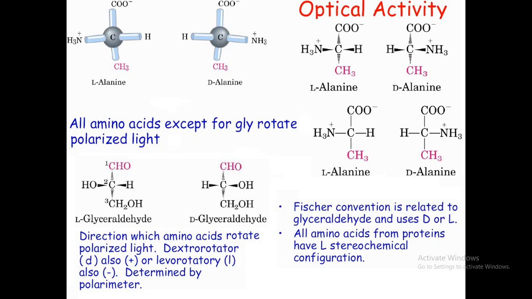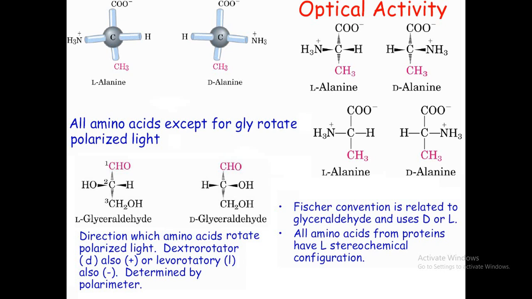Now we will study another property of amino acids, that is optical activity. All those amino acids that can exhibit stereoisomeric forms are able to rotate plane polarized light. The ability that enables an amino acid to rotate plane polarized light is called optical activity.